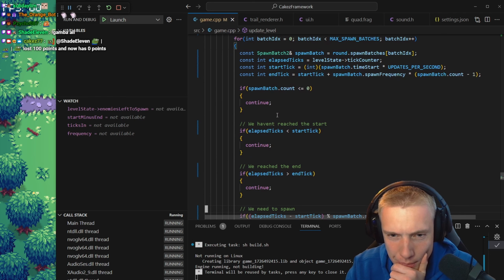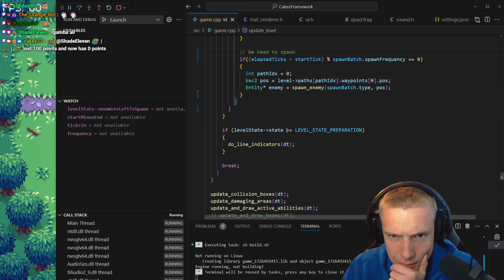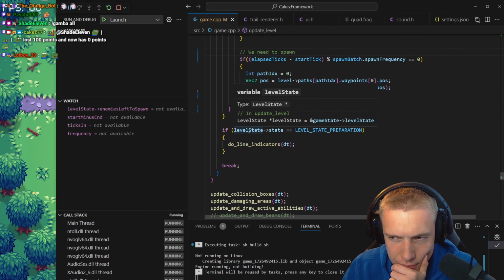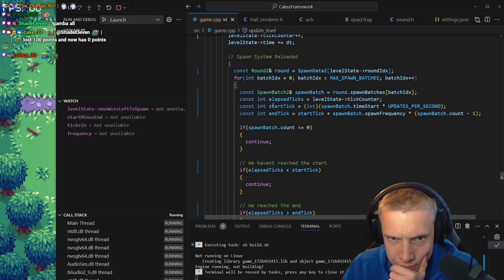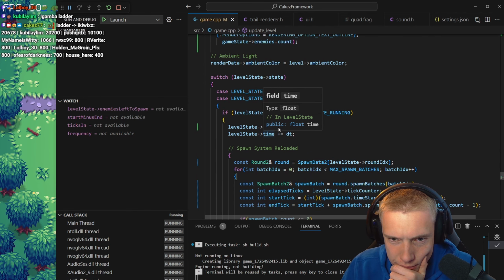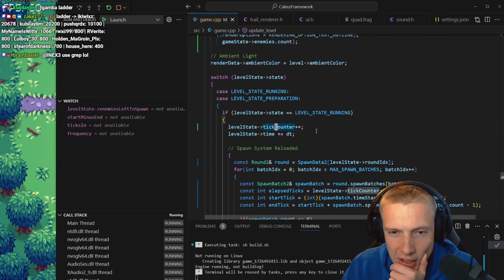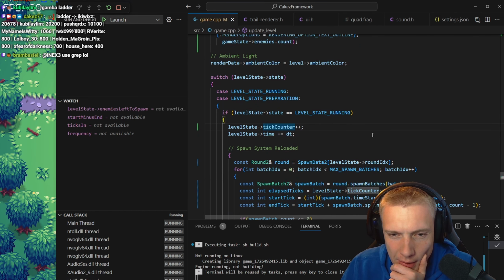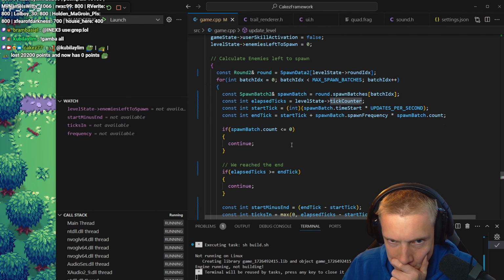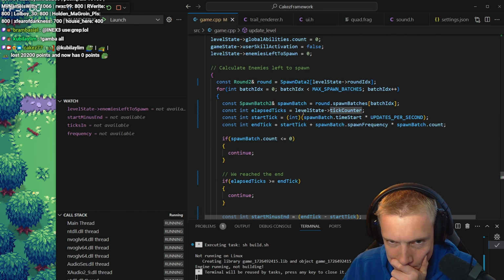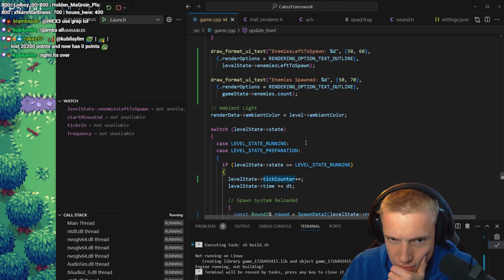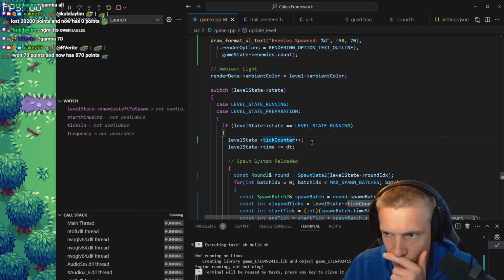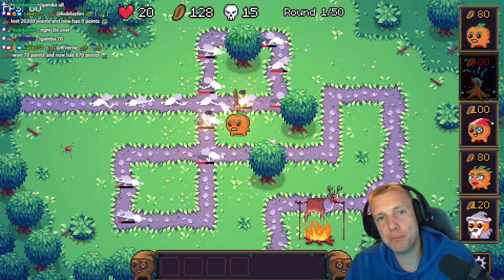Wait, how does it work? That's odd. It does the tick counter ++ here. Fuck, it's almost perfect.